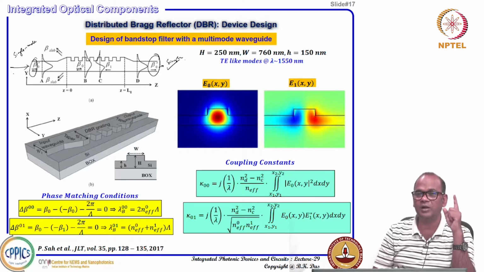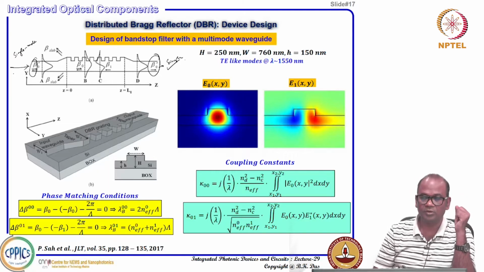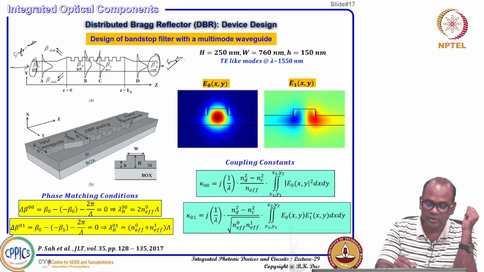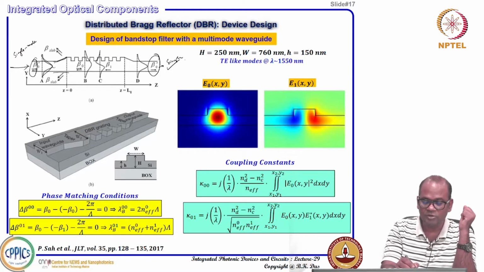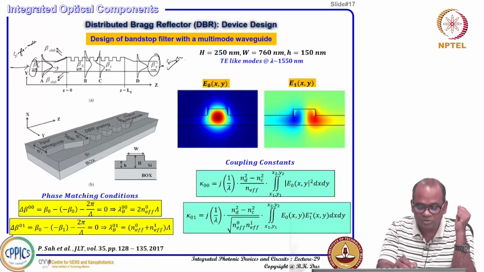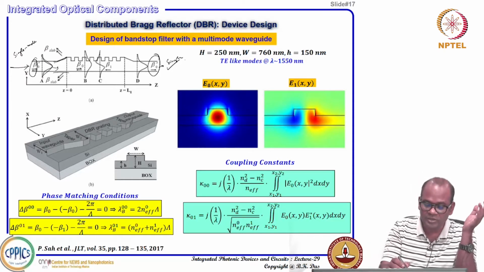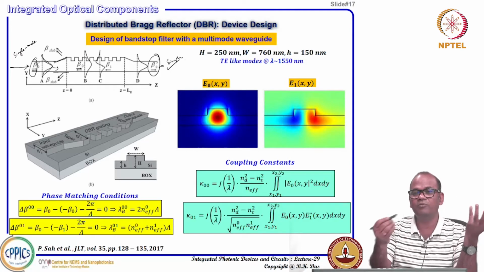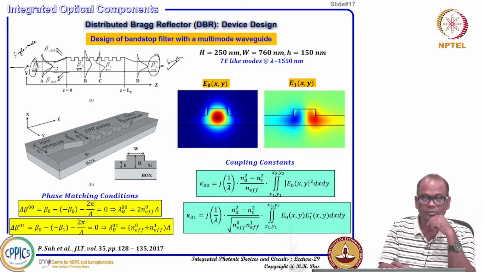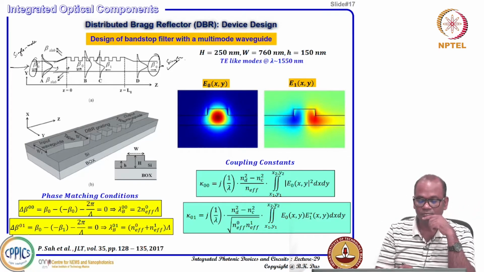It only supports the fundamental mode, assume. In between, you increase the width a little bit adiabatically, so that the fundamental mode you launch is slowly expanded, and even though it is a multi-mode waveguide structure, the higher order mode will not be excited, assume at the beginning.